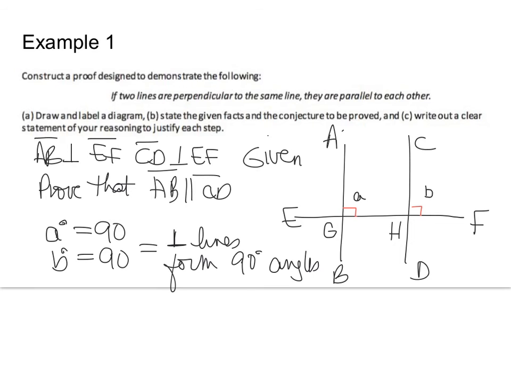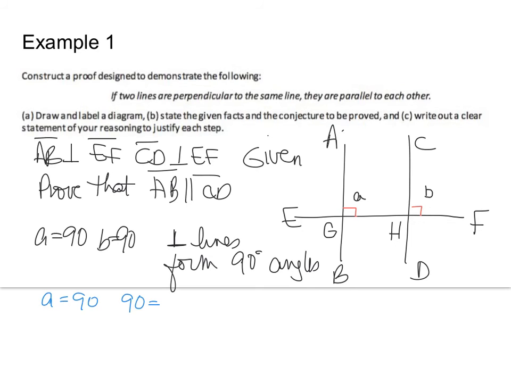Now we know that this transitive property, I'm going to write that out a little bit different. So we have angle A equals 90 degrees and angle B equals 90 degrees. If I wrote it like A equals 90 and 90 equals B, I've told you guys a few times, if the middle matches, the outside are equal.